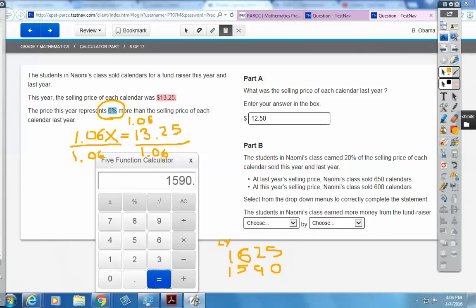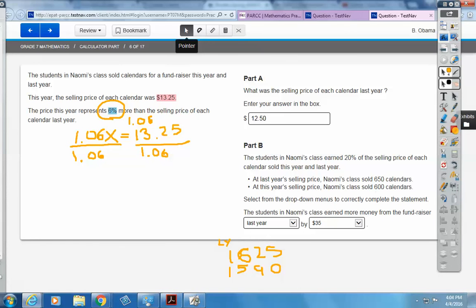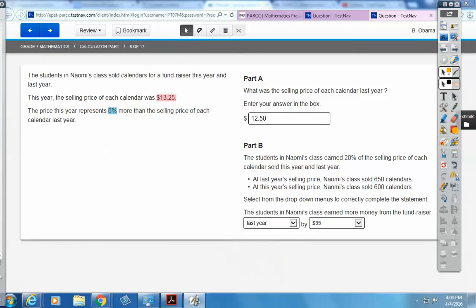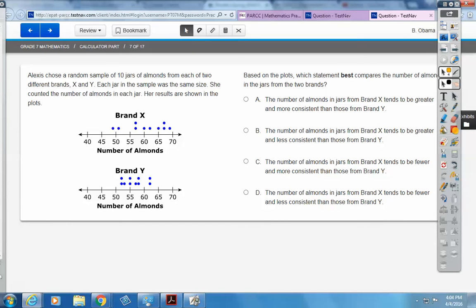So we can clearly say that we made more money last year by $35. I just subtracted those two. All right, number 7. 2 more to go.